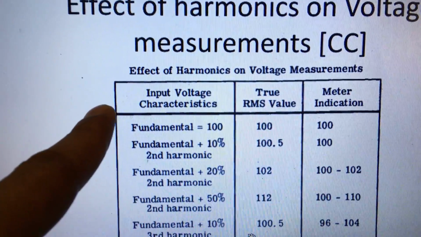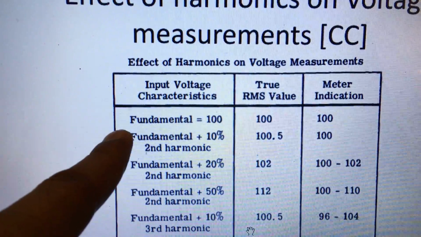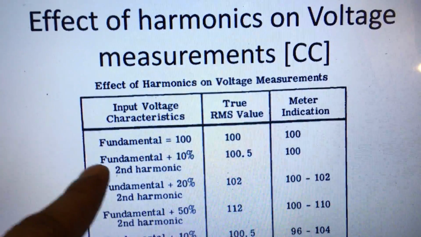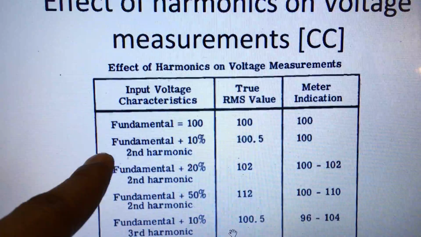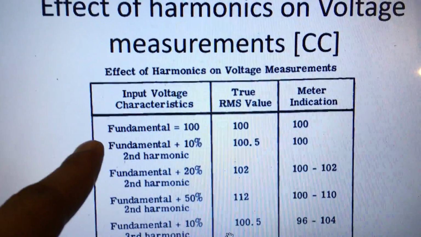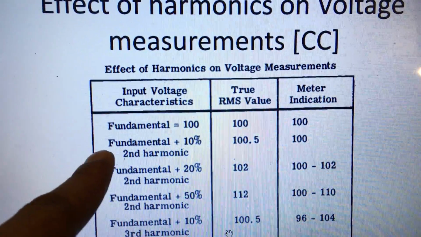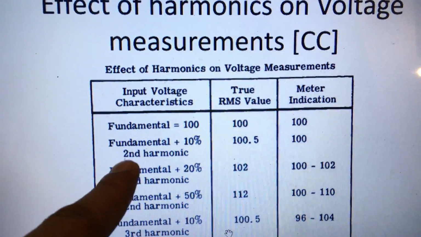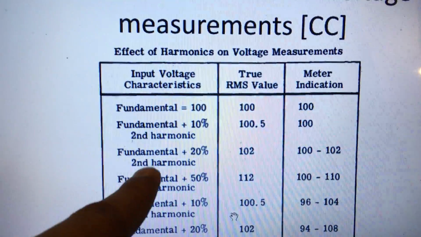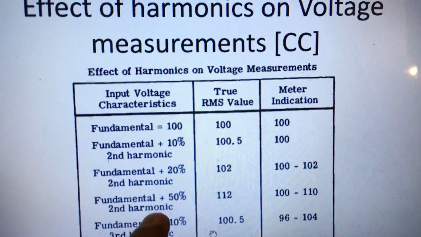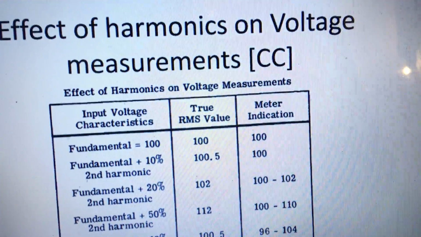It could be a fundamental signal of say 100 volts, then fundamental signal plus 10% of second harmonic, fundamental signal plus 20% of second harmonic, fundamental plus 50% of second harmonic, and so on.